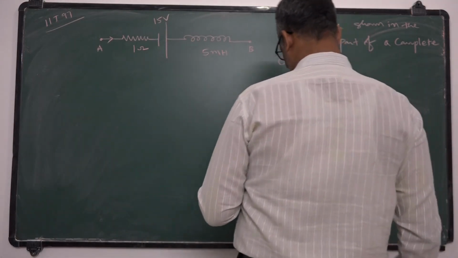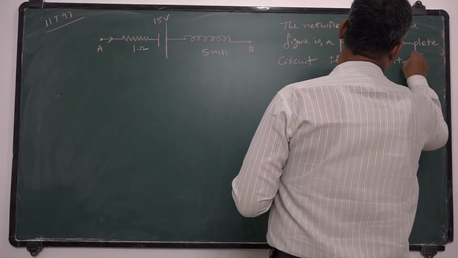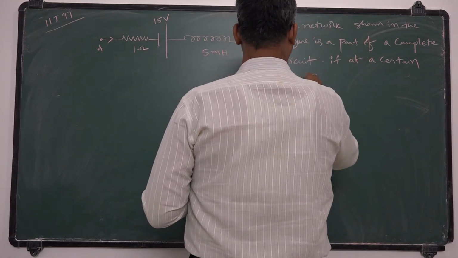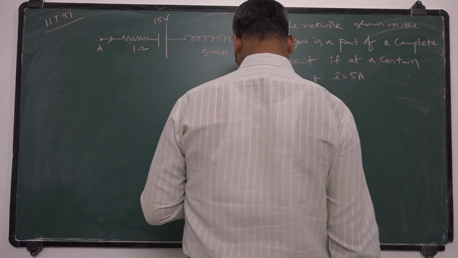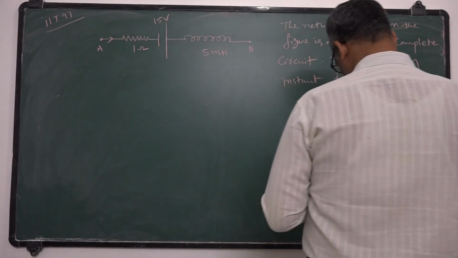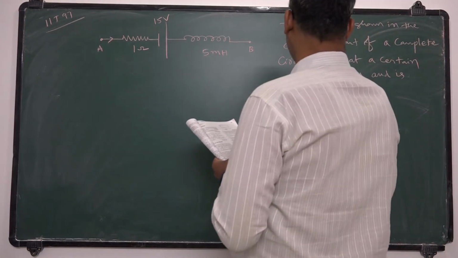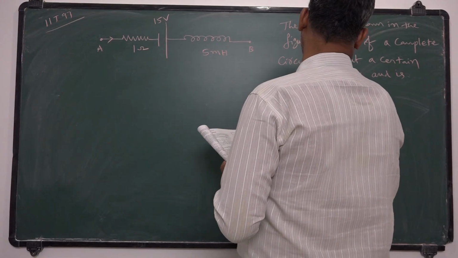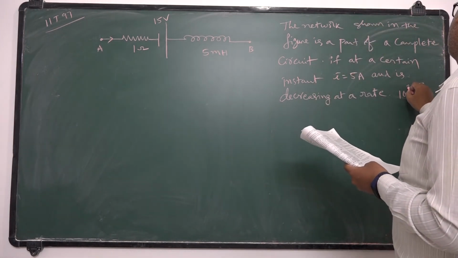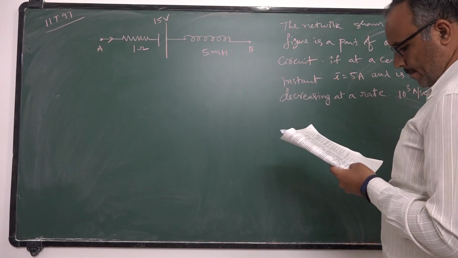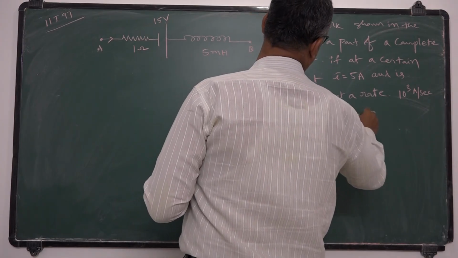If at a certain instant I is equal to 5 amperes and is decreasing at a rate of 10 power 3 ampere per second, then VB minus VA is equal to dash volts.